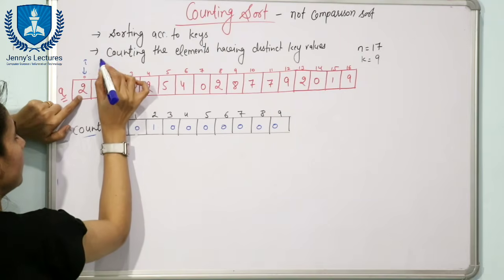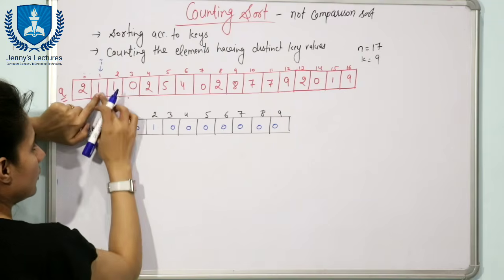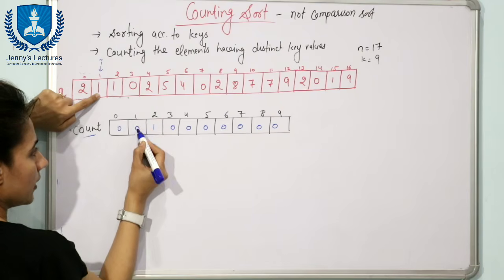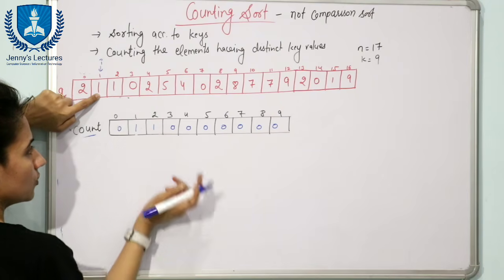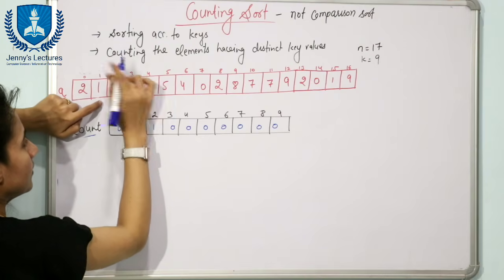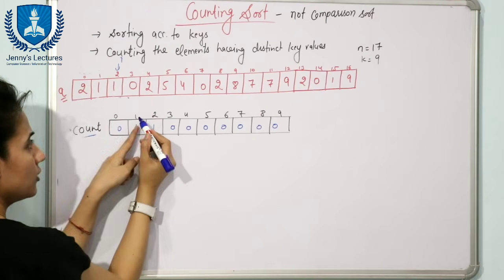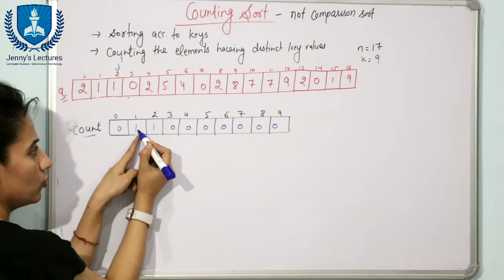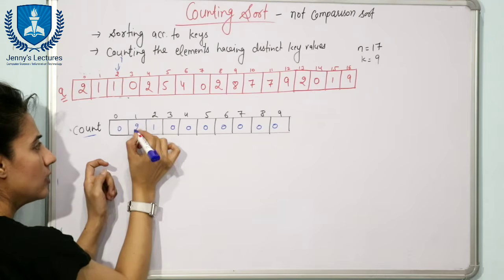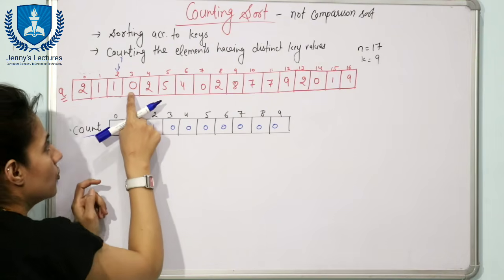Now I would be at this place. You are going to increment this I. Now here the value is 1. Go to this index 1 and increment this value. This is now 1. Now again increment I. The value is 1. Again go to the index 1 and increment this value. We had 1, so after incrementing the value becomes 2. Now next is 0.